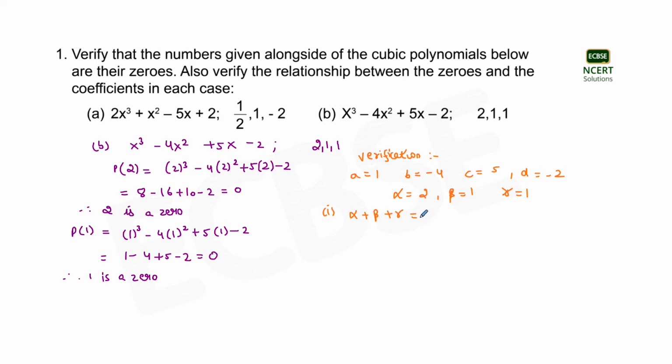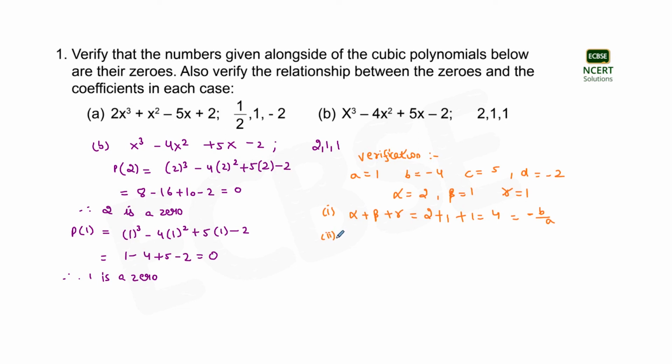If no, then the relation is not satisfied. So substituting the values of alpha, beta and gamma, that is 2 plus 1 plus 1, which comes out to be equal to 4, which can be written in the form minus b over a. So as the sum of the 3 zeros comes out to be equal to minus b over a, the first relation has been satisfied.